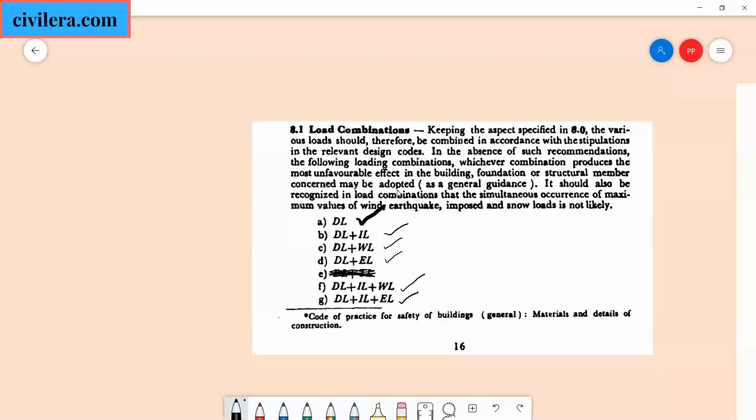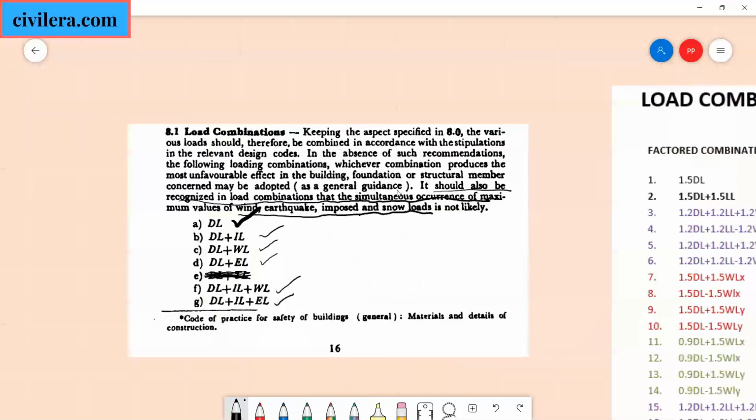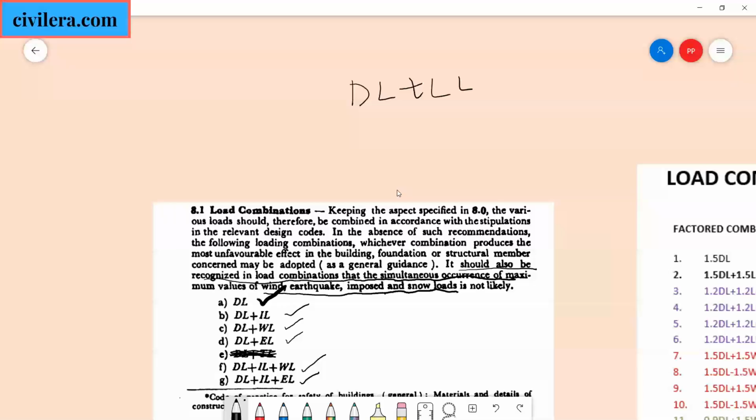Now, there is a mention here that it should also be recognized in load combinations that the simultaneous occurrence of wind and earthquake and imposed load and snow load is not likely. So there is no need to combine dead load, live load, wind, and earthquake.